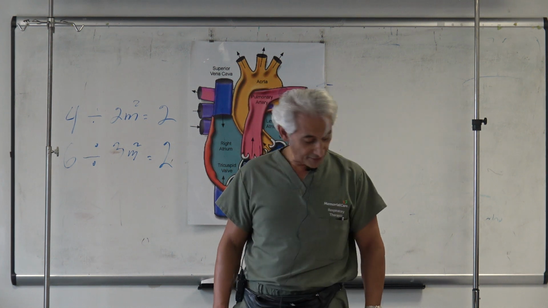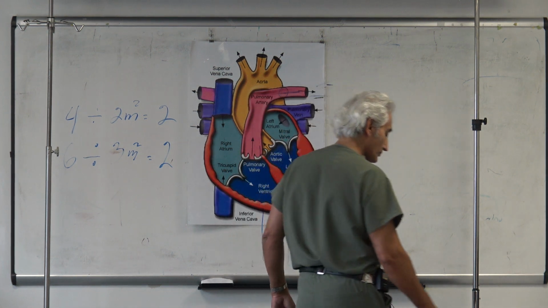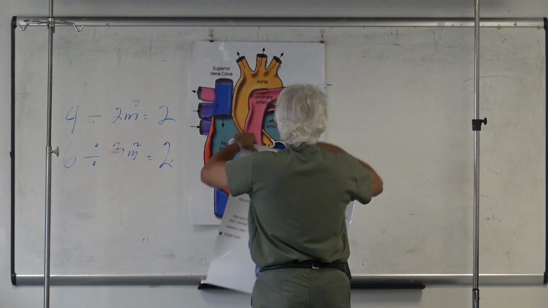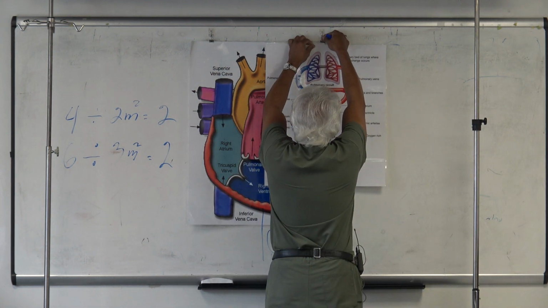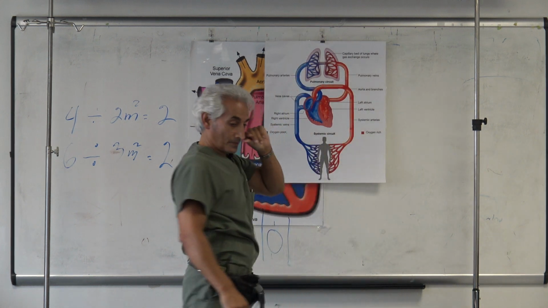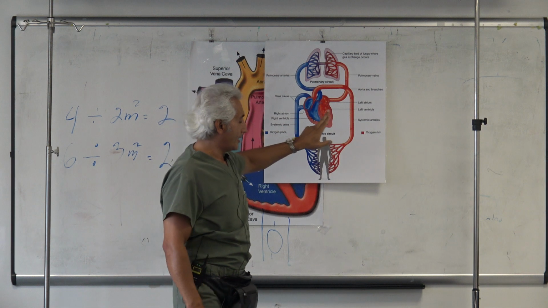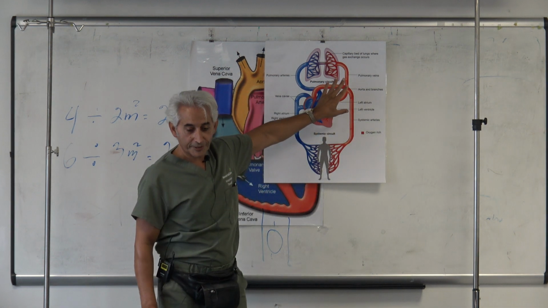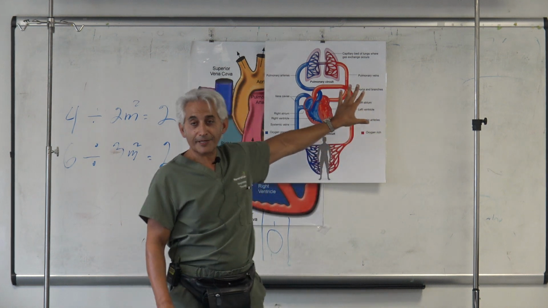Now let's look at the SvO2. They ask you a lot of questions on SvO2 for some reason. Normal saturation is how much? 100%, let's say.